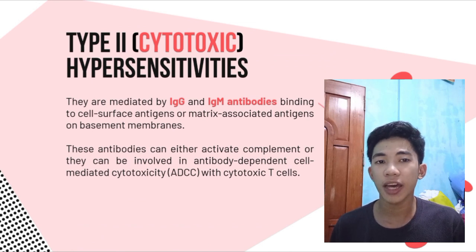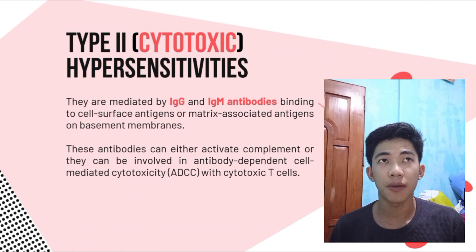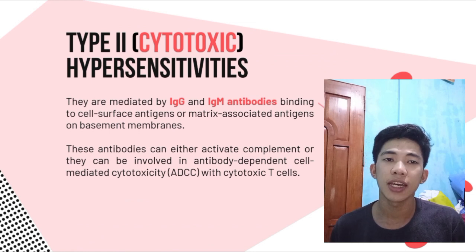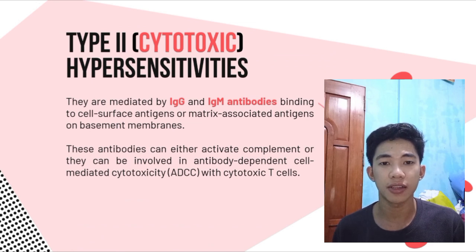But for type 2 hypersensitivity, the antibodies, which are IgG and IgM, bind to cell surface antigens or matrix-associated antigens, or antigens that are found on the extracellular matrix. And as I mentioned earlier, type 2 hypersensitivities are also called cytotoxic because they lead to the death or lysis of the targeted cells.